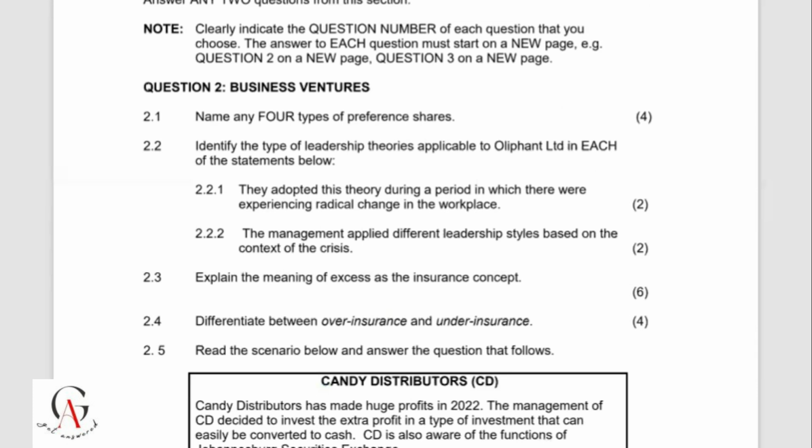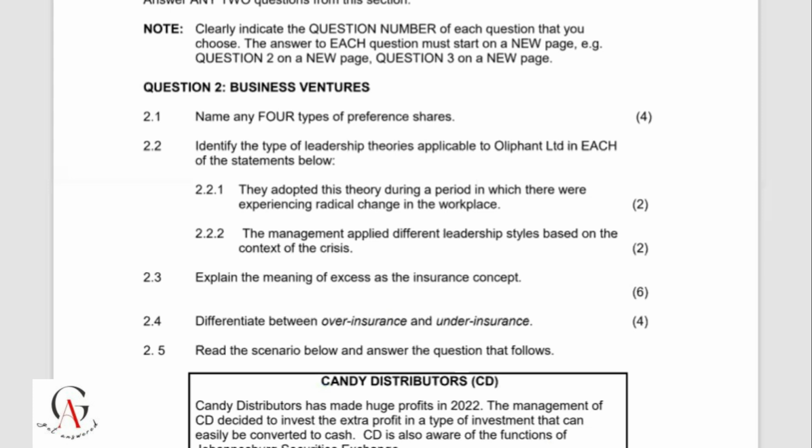Section B, if you still remember, guys, you are always faced with three questions, and the expectation is to select only two questions, each carrying 40 marks, which sum up to 80 marks.